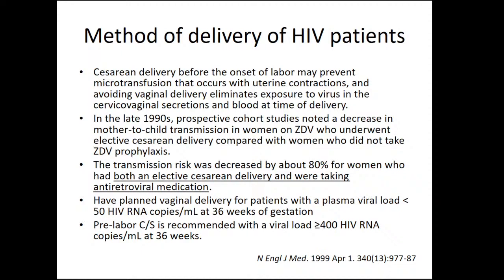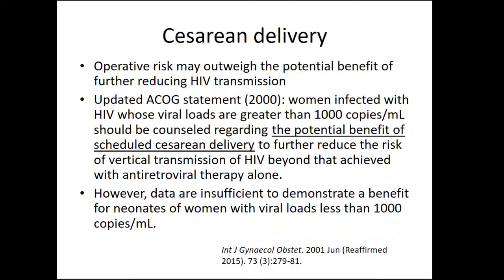Pre-labor cesarean section, before labor has started, is recommended if the viral load is more than 400 RNA copies at 36 weeks of pregnancy. But the operative risk that goes along with cesarean delivery may outweigh the potential benefit of reducing HIV transmission.